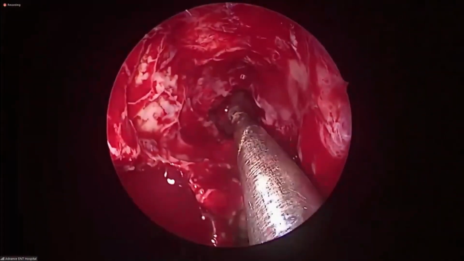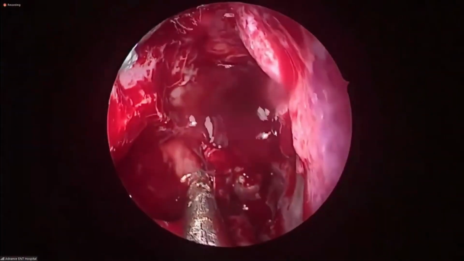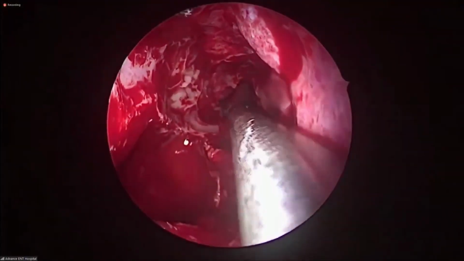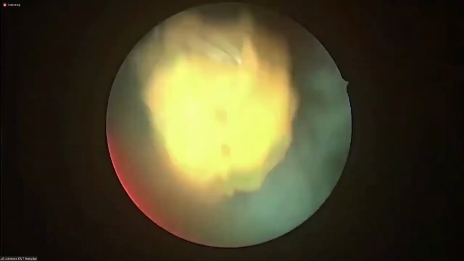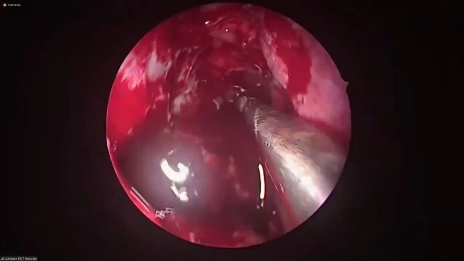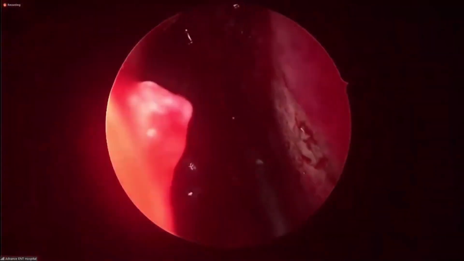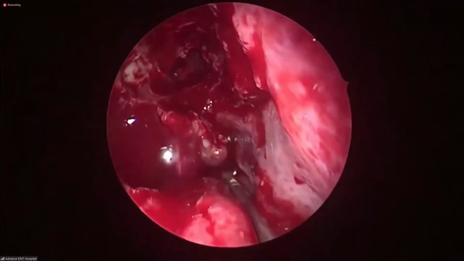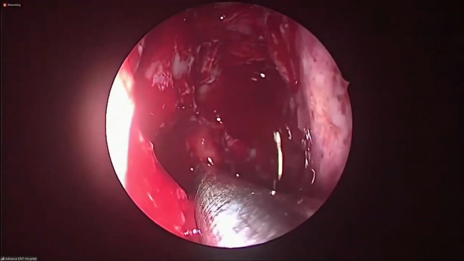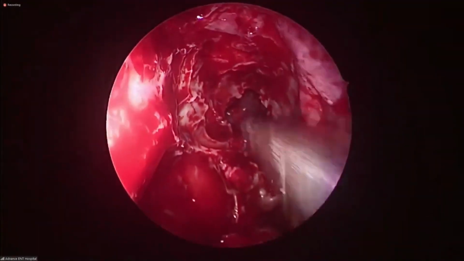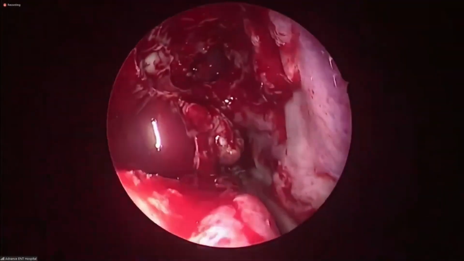See now the final picture. See this? All the sinus corridor is very clear, sir. Ultra clear, everything. Our job is complete on this side.